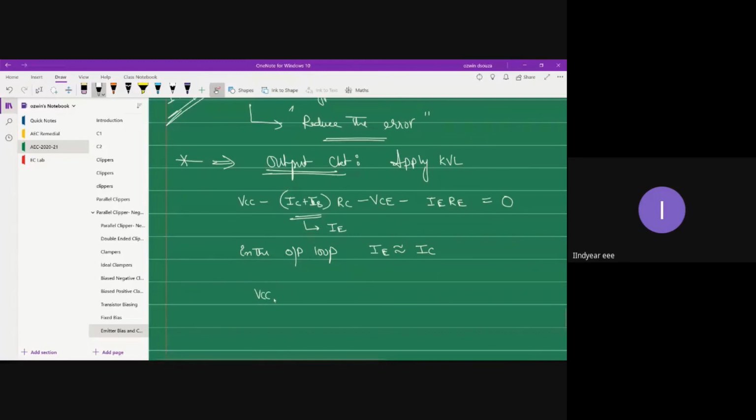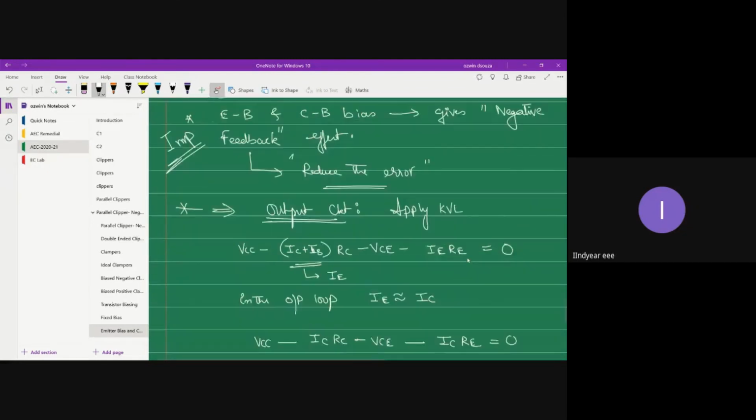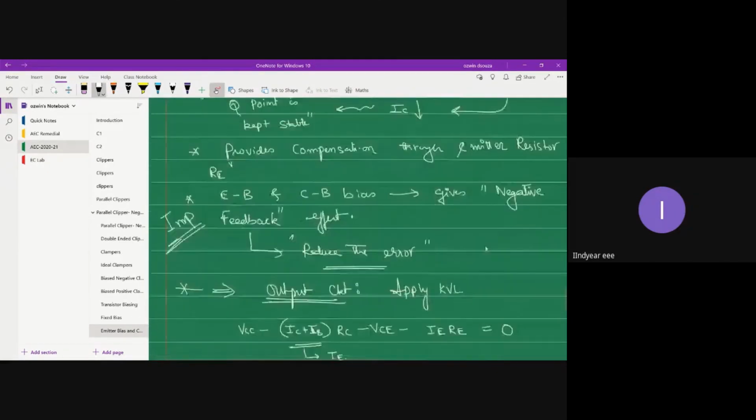Hence, you can rewrite the above equation as VCC minus IC times RC minus VCE minus IC times RE is equal to 0, or VCE is equal to VCC minus IC into RC plus RE. This is your output equation number 5.